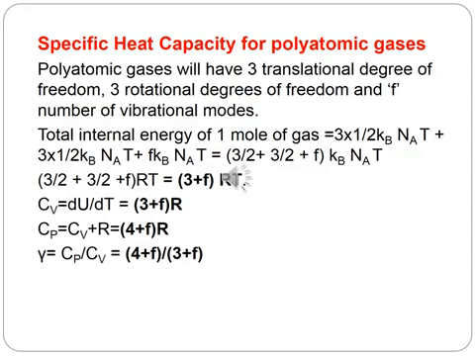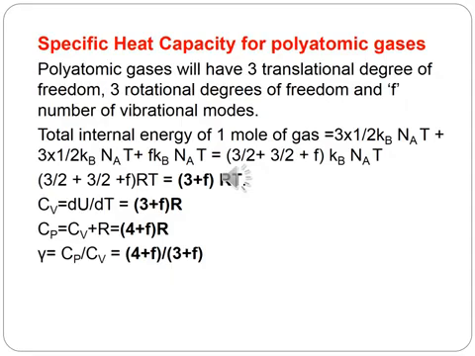Here kB NAT is common, so it can be written as (3 by 2 plus 3 by 2 plus f) kB NAT. Since kB NAT is equal to RT, by the ideal gas equation PV is equal to RT is equal to kB NAT, where the number of moles is 1. Then the total internal energy of 1 mole of the gas, U is equal to (3 plus f) RT.